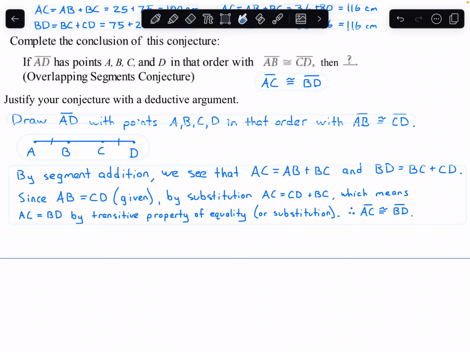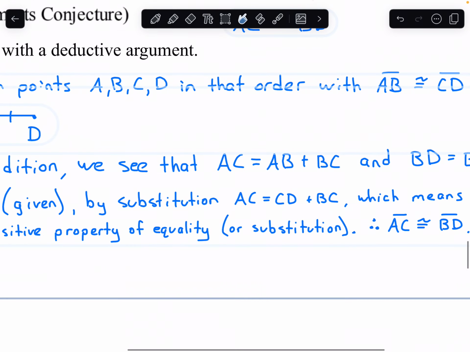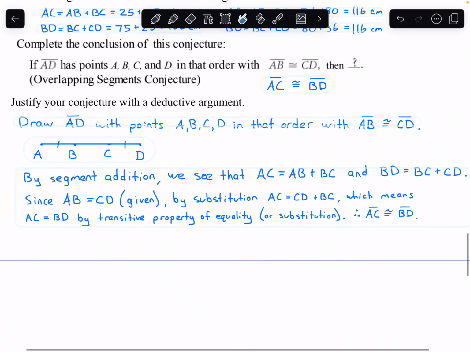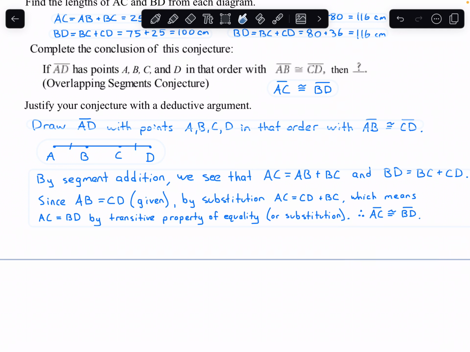We don't need to say that every single time. By substitution, AC equals CD plus BC. So notice the change that I did in that single equation above and below, which means AC equals BD by the transitive property of equality.